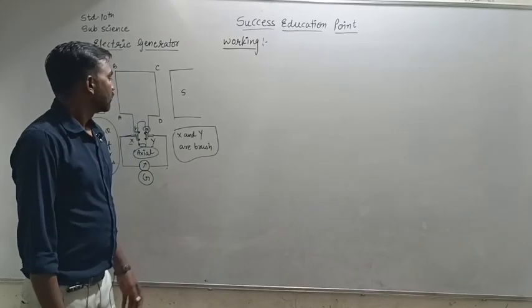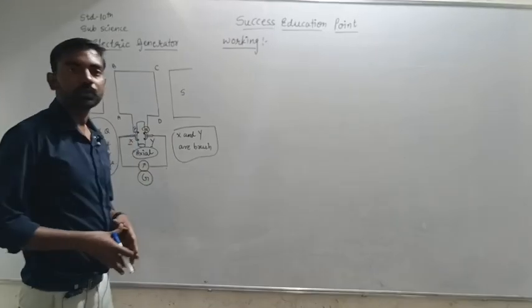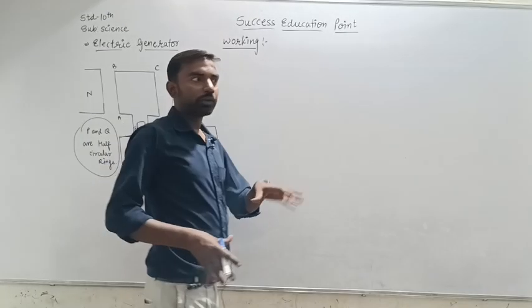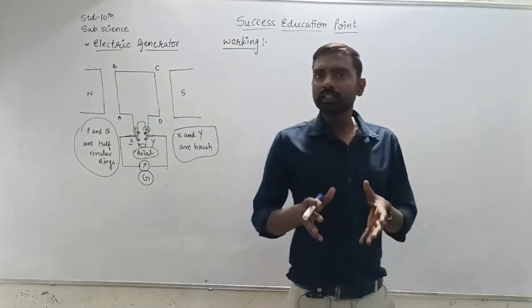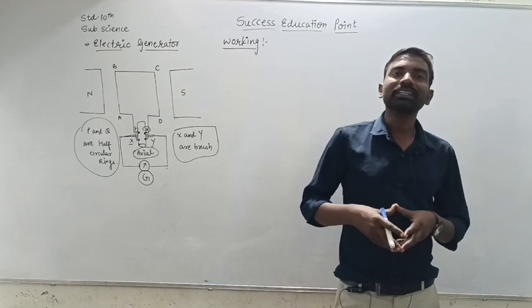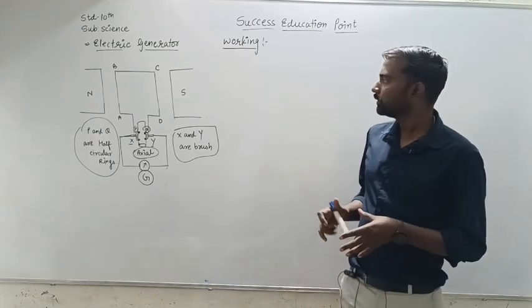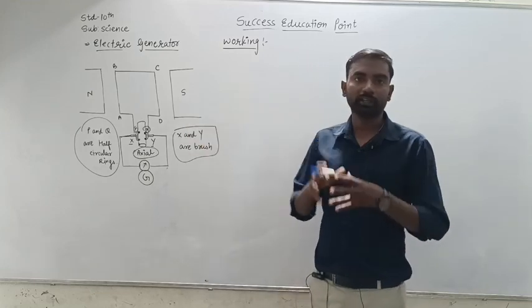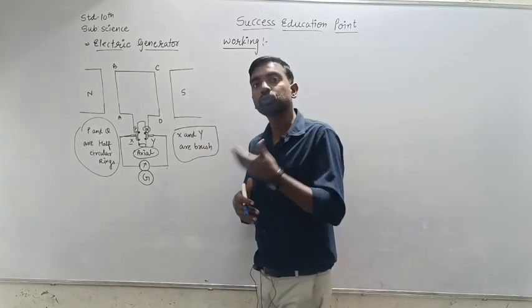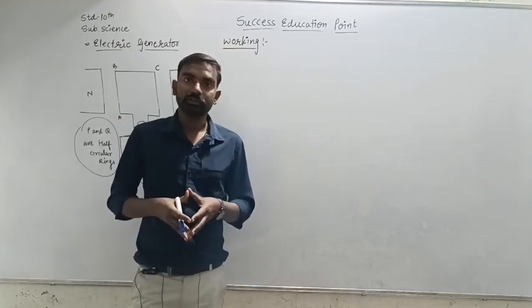After the construction, now the working. Let me show how the electric generator works. Before that, one thing I want to tell you: if we want to produce induced current, we have two concepts. First, we rotate an object in the permanent magnetic field, or we rotate the magnet which is producing the magnetism.